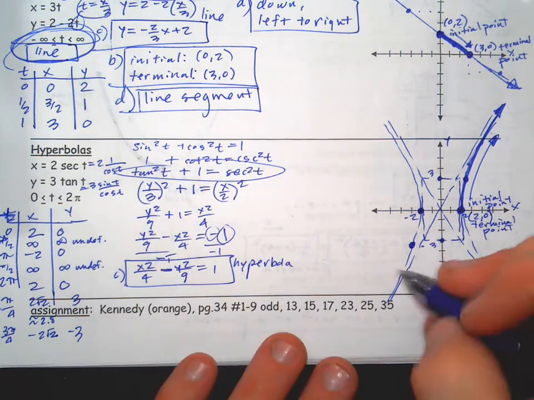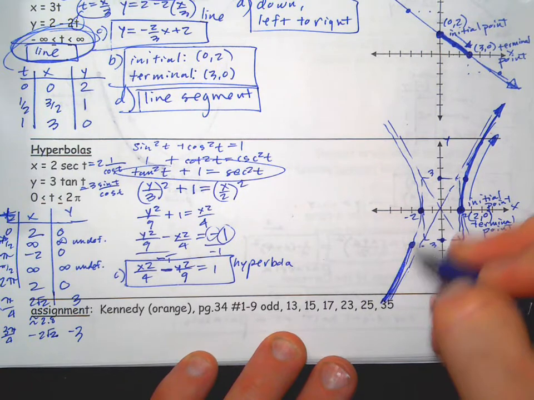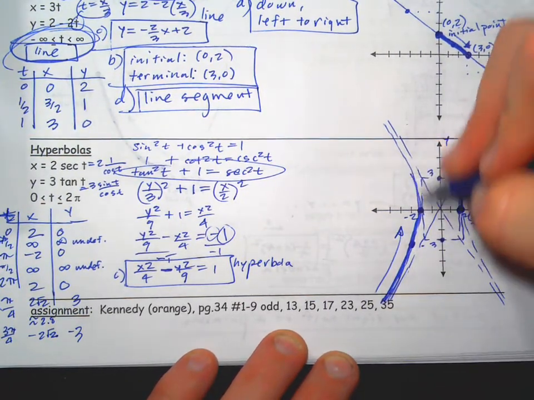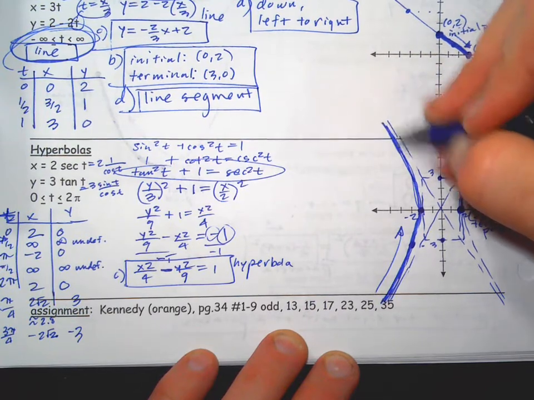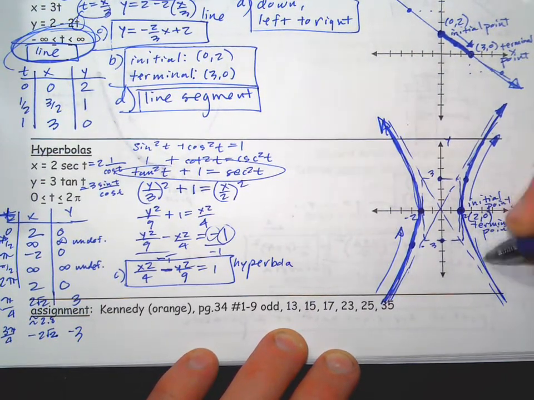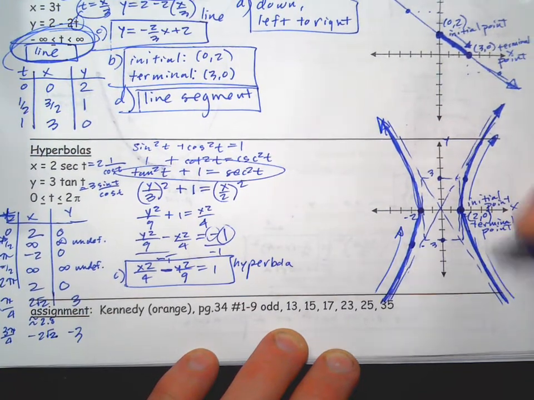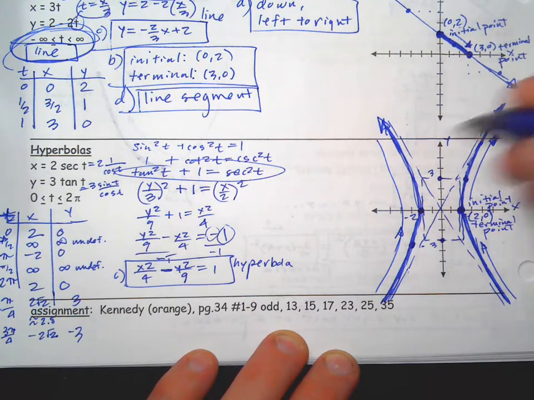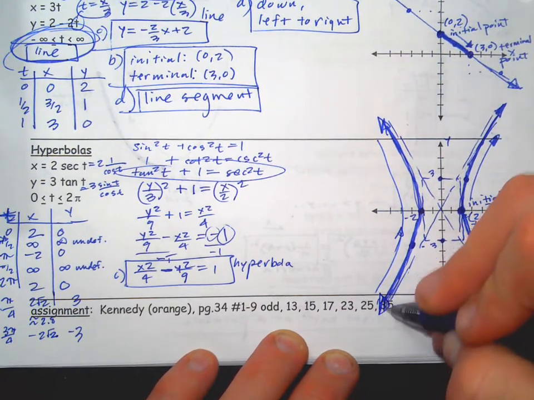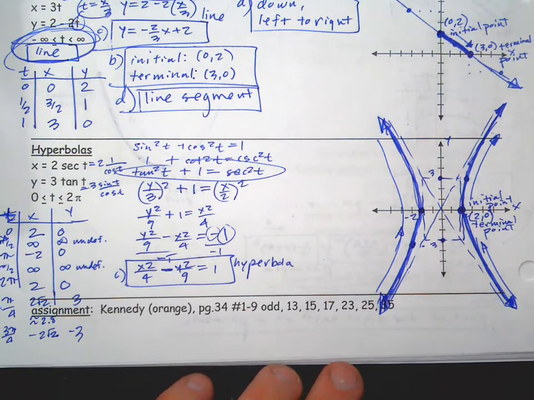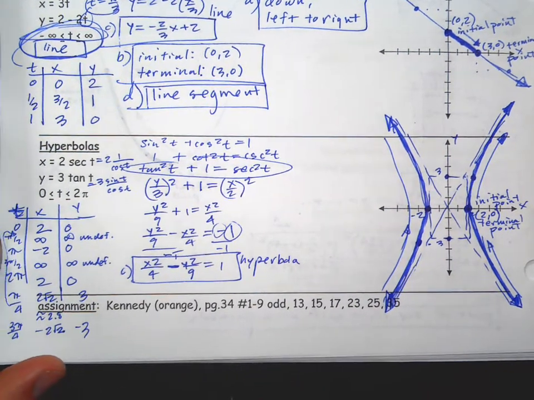And so I think it's coming in this way. And then it probably, I'm just predicting it, we could calculate some more points, goes out this way and then comes back in this way. Okay, so it's going out and then like that. Now we need to put arrows on the ends of all of these, which do not indicate direction. They just indicate that the graph keeps going forever, which it does, and your graph needs to reflect that.